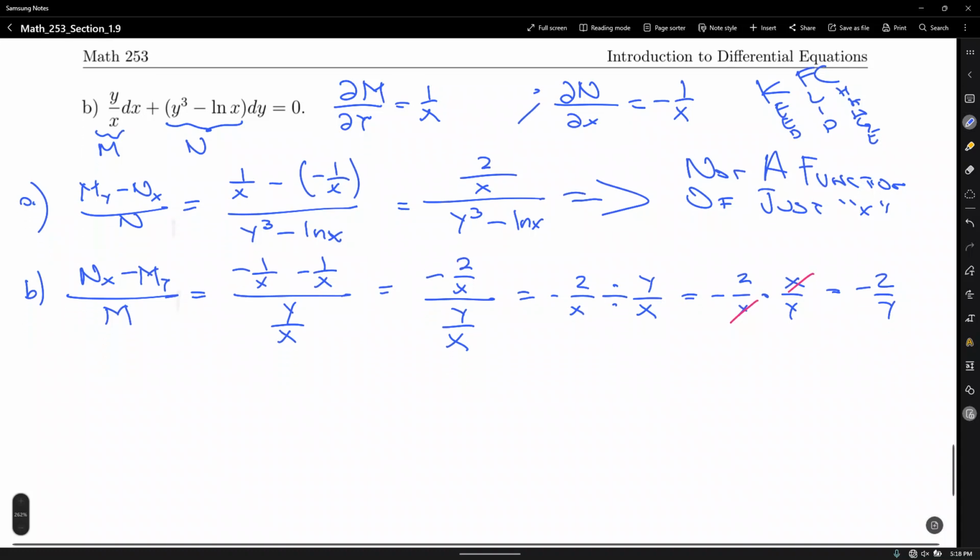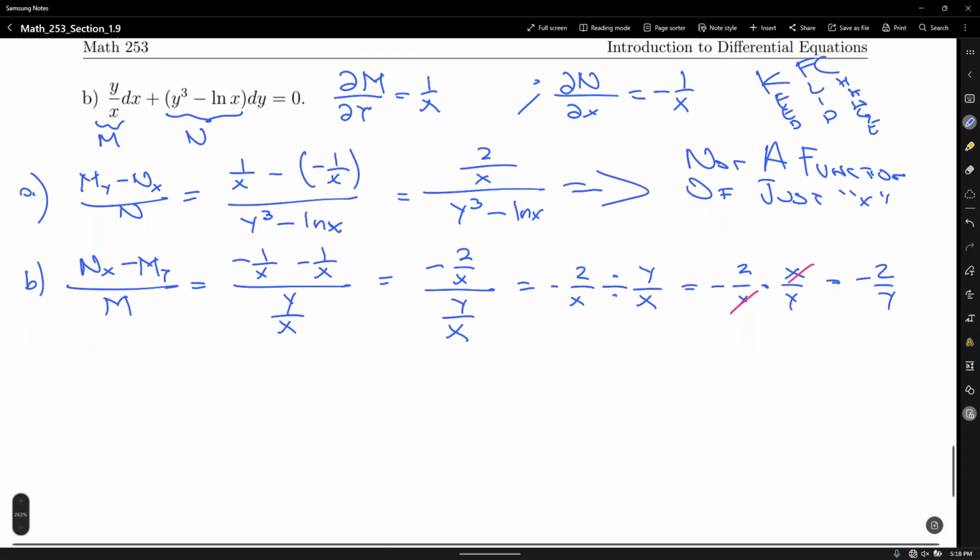Well, no, that's not the integrating factor. That's only what we're going to substitute in the integral of the exponential. So mu of y is e to the integral of N with respect to x minus M with respect to y over M, dy.